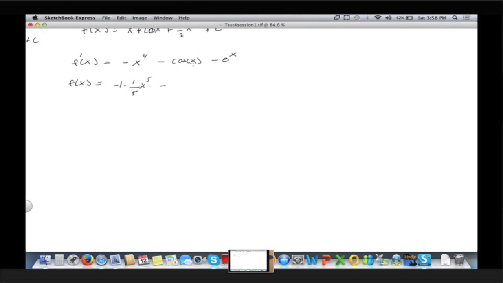What gives us cosine of x? Sine of x gives us cosine of x. Sine of x.